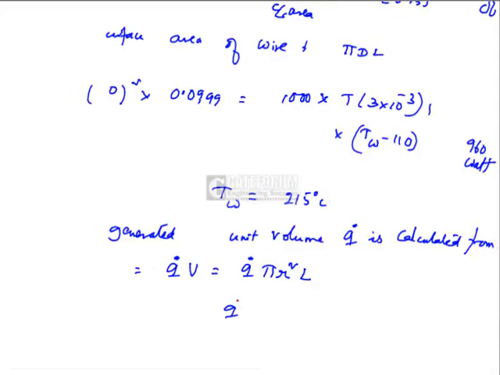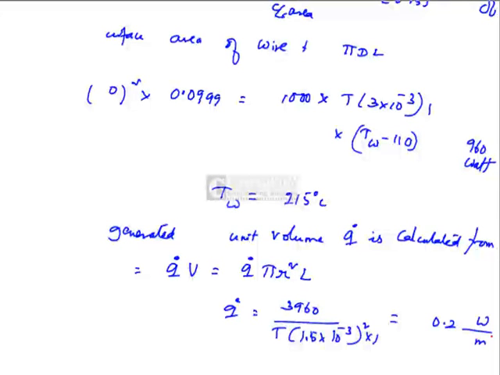This implies q dot is equal to 3960 watts divided by pi into (1.5 into 10 power minus 3) whole square into 1, which becomes 560.2 megawatt per meter cube.